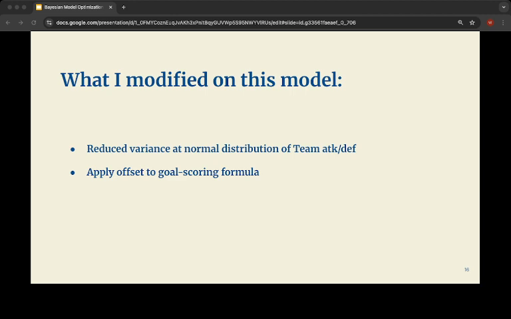So what I did was modify this model to match the result of the multi-level model, making it more marginalized, which means making the distribution more marginal for each team, and applying the offset just like the multi-level model does to normalize the goal scoring formula.